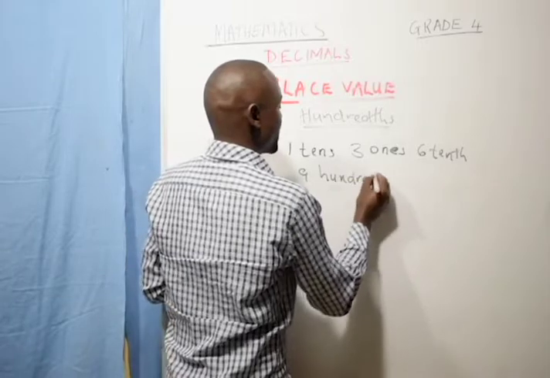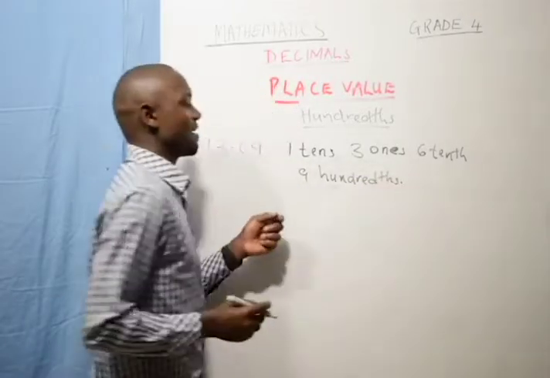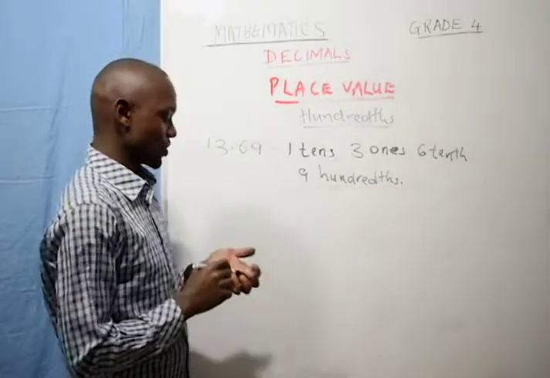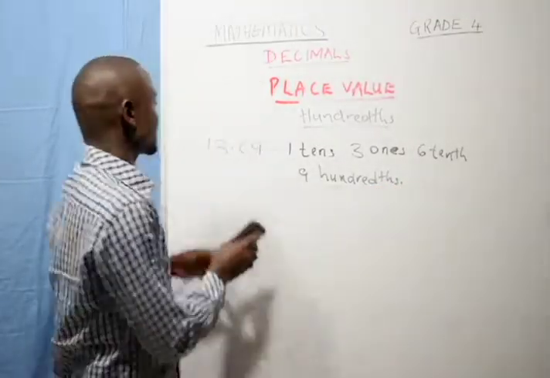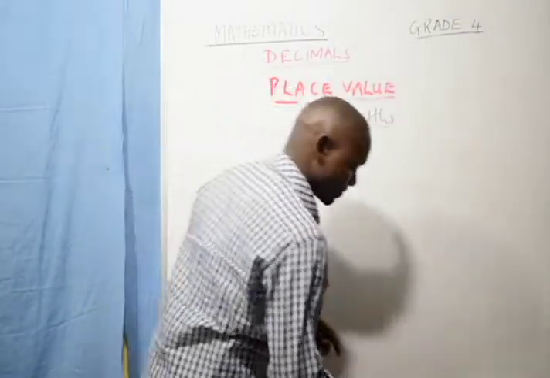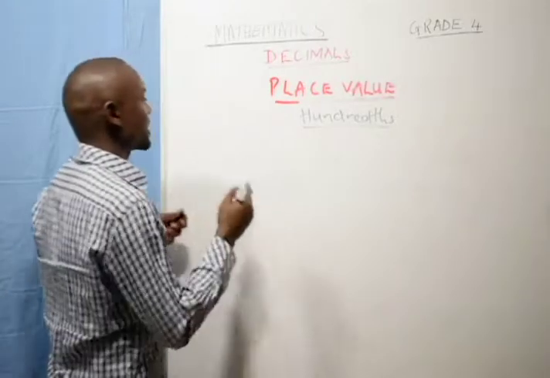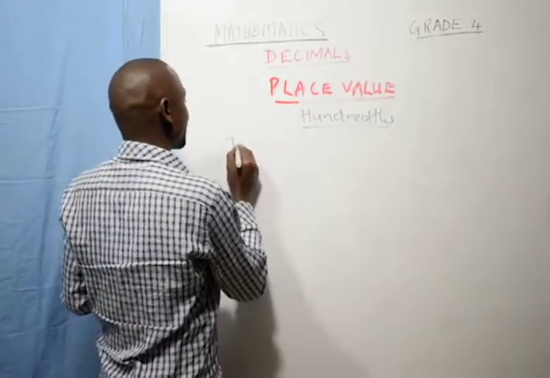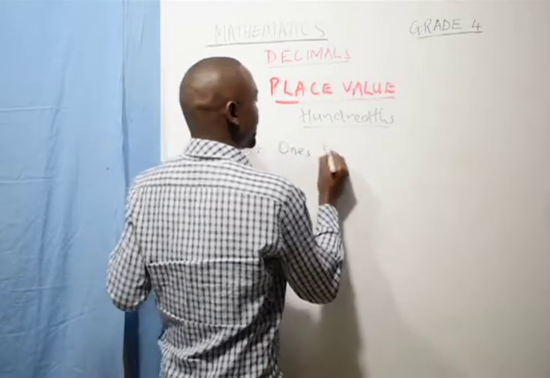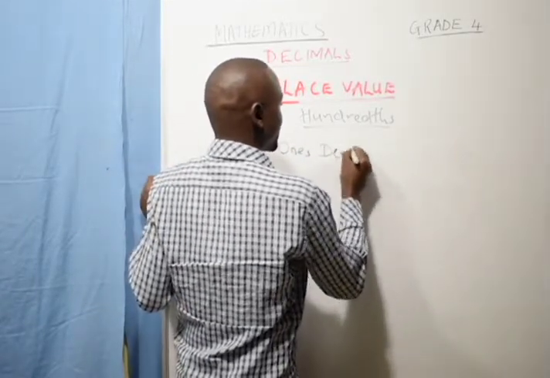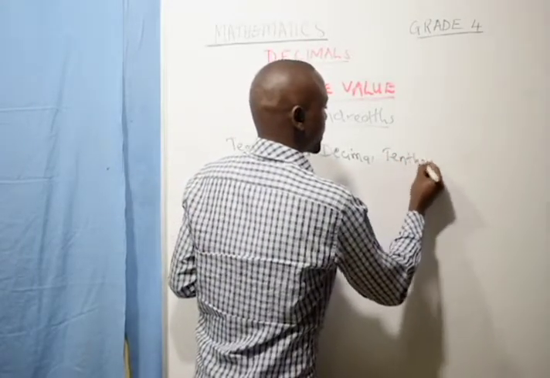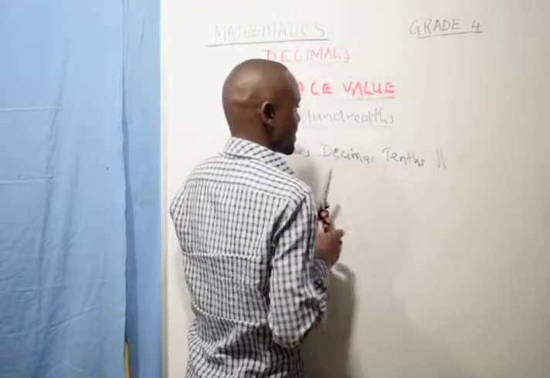So digit 9 will be in the hundreds place value. Hundreds will add THS at the end. We can represent this number in the place value chart, whereby we have the tens place value, the ones place value, the decimal point, then the tens and the hundreds.